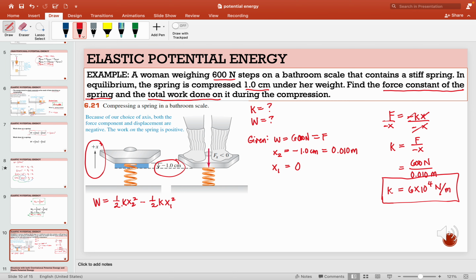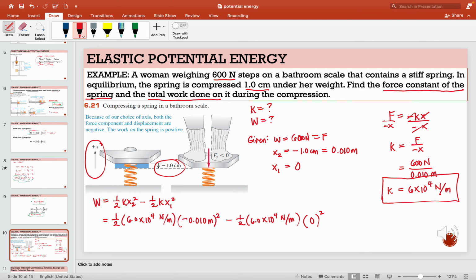Okay, so we have the values of k, x sub 2, and x sub 1, so we can solve for the work done. Substituting the corresponding values, we have 1/2 times k, which is 6 times 10 to the power of positive 4 newtons per meter, times x sub 2, which is negative 0.010 meters quantity squared, minus 1/2 times 6 times 10 to the power of positive 4 newtons per meter, and then x sub 1 is 0 squared.